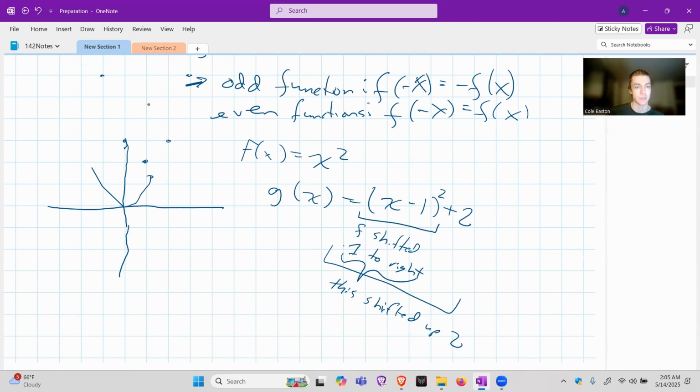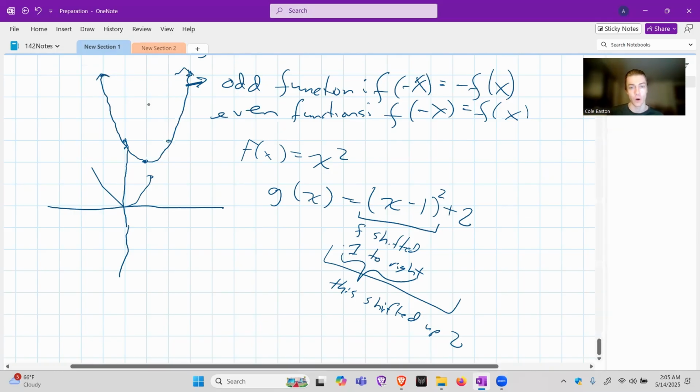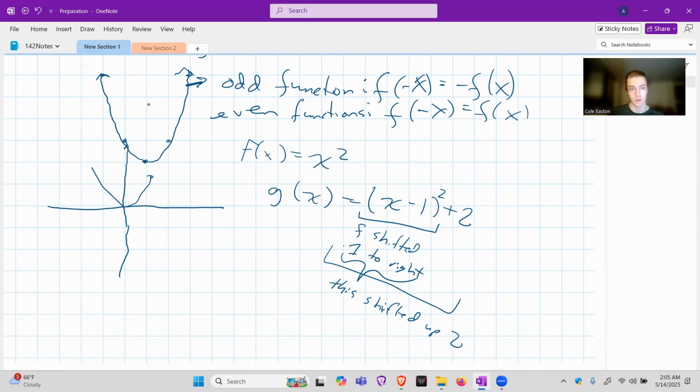This just gives me a better sense of how to draw my parabola from wherever I am. And again, that only works when the a value of the parabola is 1, since there's essentially a 1 in front of this x squared, that's what allows me to use that trick.